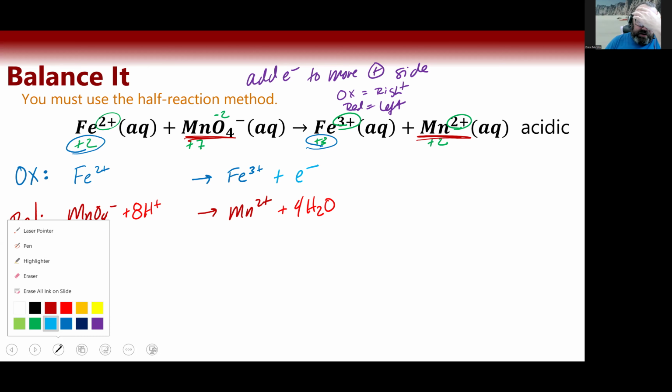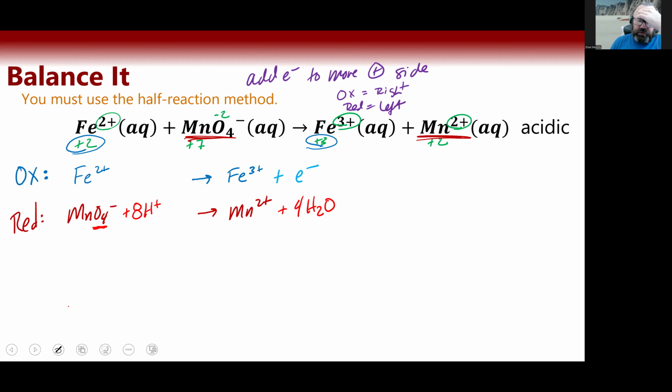Okay, now to do a little bit of counting on the reduction. The right side is a total of 2 plus, and the left side here is 8 plus for this guy and -1. So this is 7 plus. Okay. So to make +7 to be +2, we're going to have to add 5 electrons on that side.